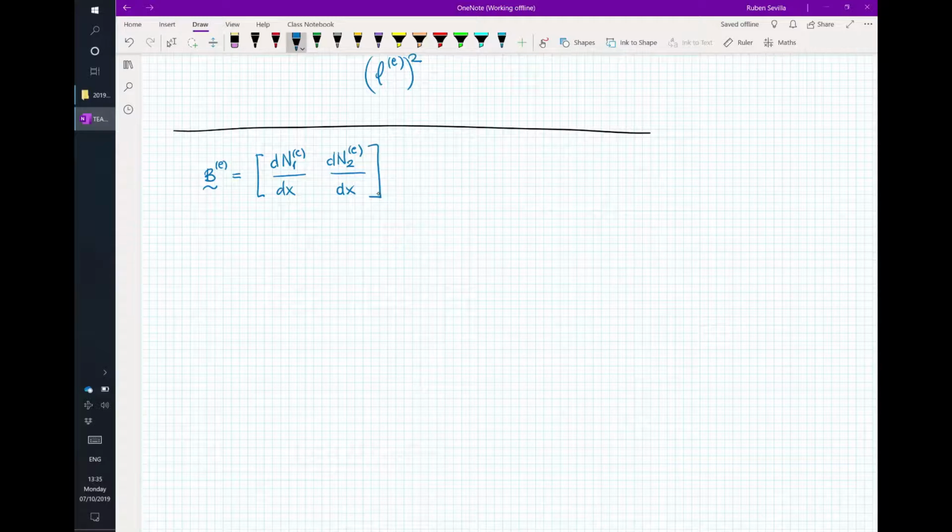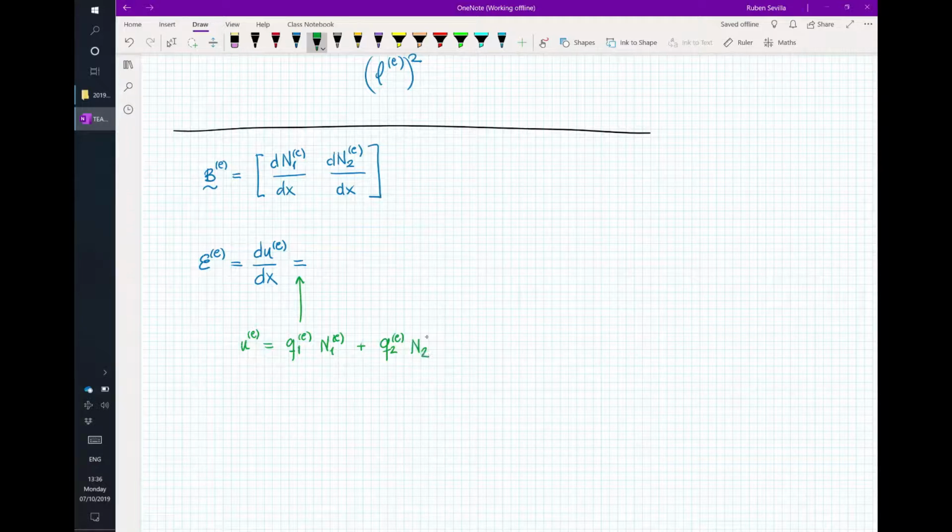Well, if you remember how the strain is computed, strain is the derivative of the displacement, and the displacement we are approximating in one element, using the same letters as in the slides, as a linear combination.